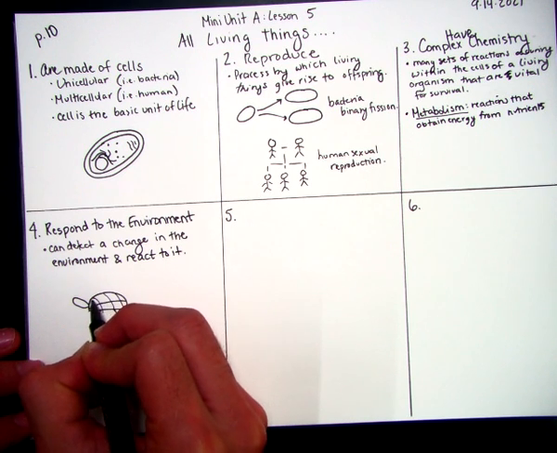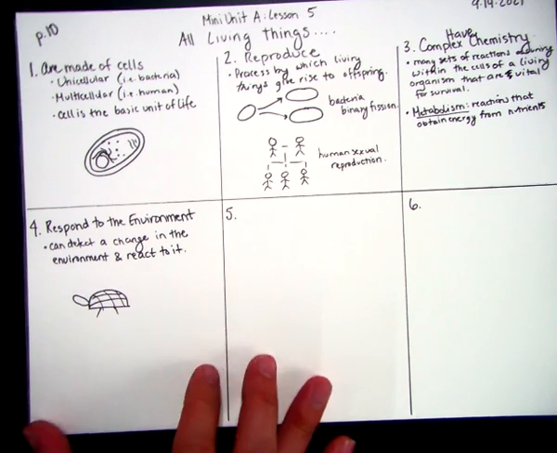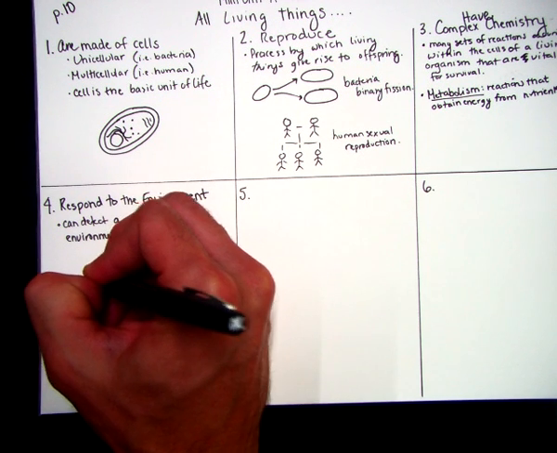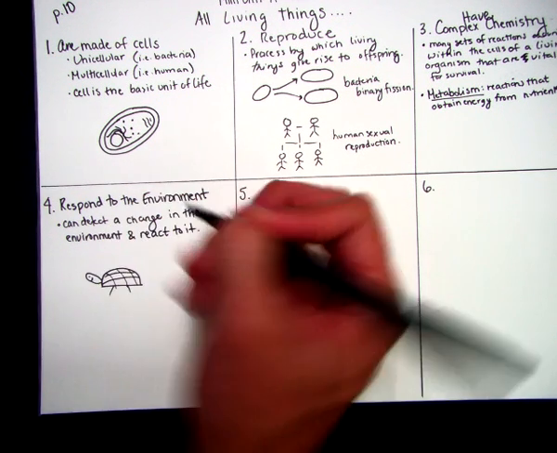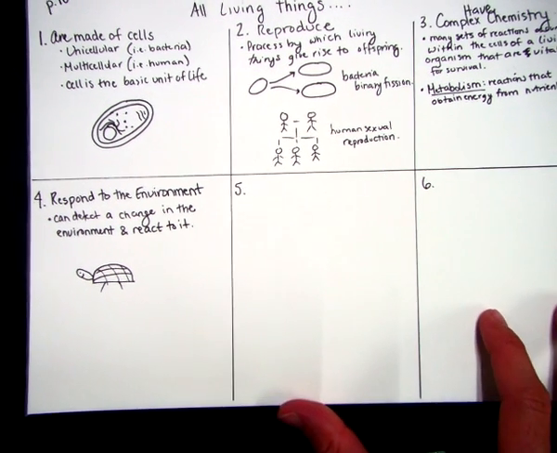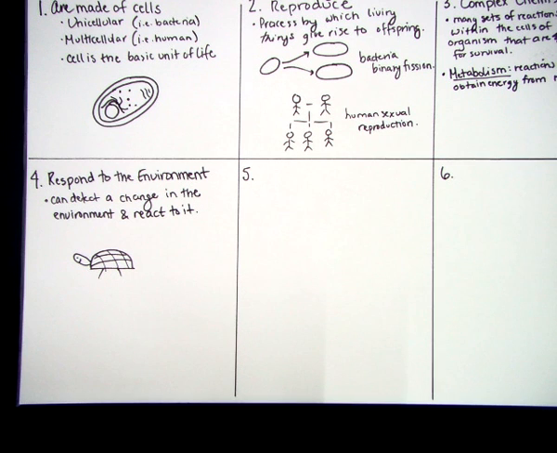It can detect a change in the environment, maybe that is seen as a threat, which can cause the turtle to shrink its head back into its shell. There are examples of plants that can respond to the environment and react accordingly. But that's number 4.